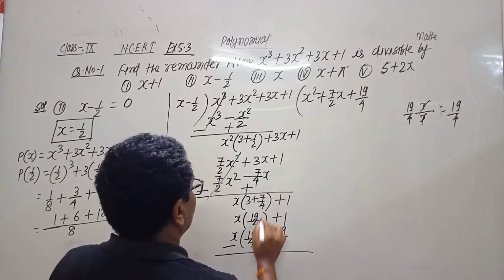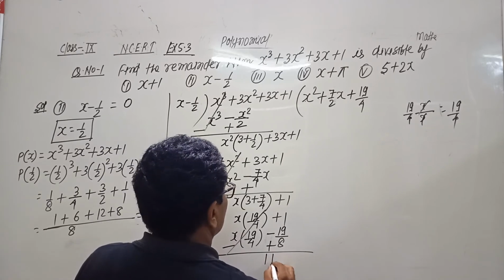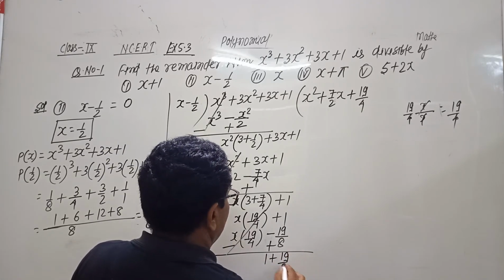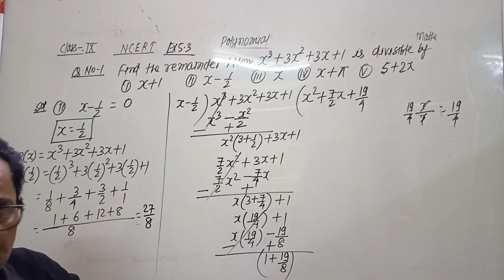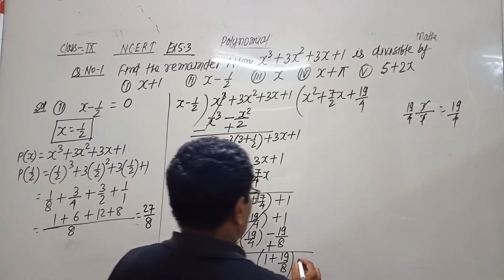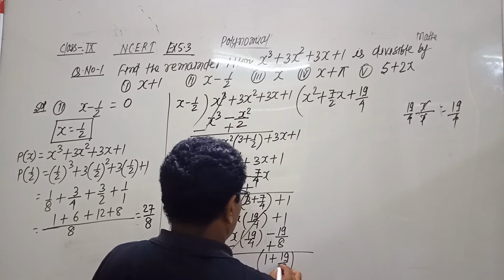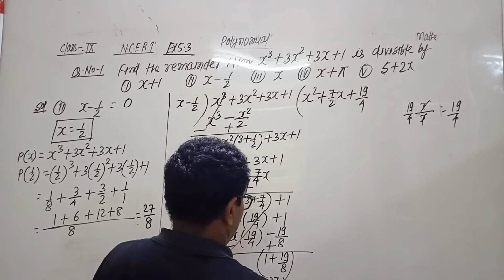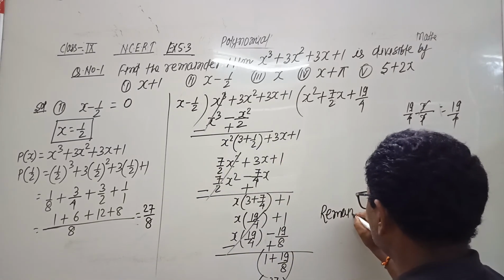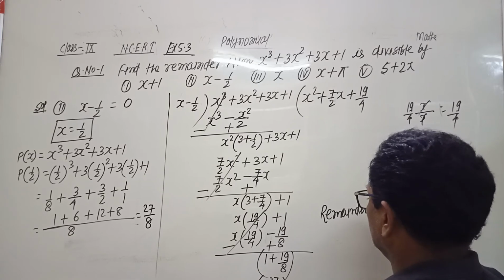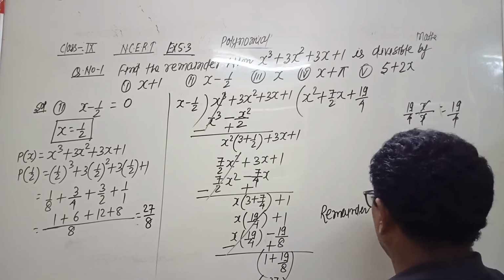Change the sign. So it comes 1 plus 19 by 8 and the LCM comes to be 8. So the result will be 8 plus 19, 27 by 8. So in this case the remainder comes to be 27 by 8.